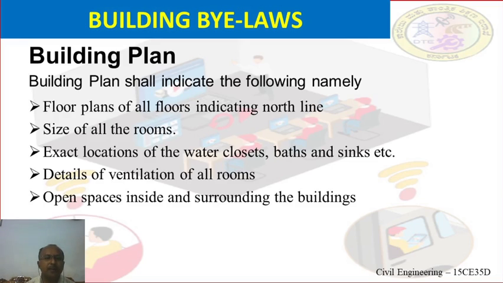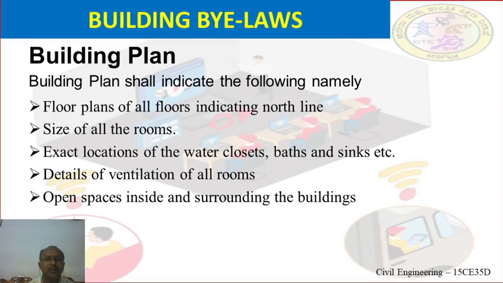Namely, the floor plans of all the floors indicating the north line, and size of the rooms, exact locations of the water closets and bathrooms, sinks, etc., and details of the ventilation of the rooms and open spaces inside and surrounding the buildings.